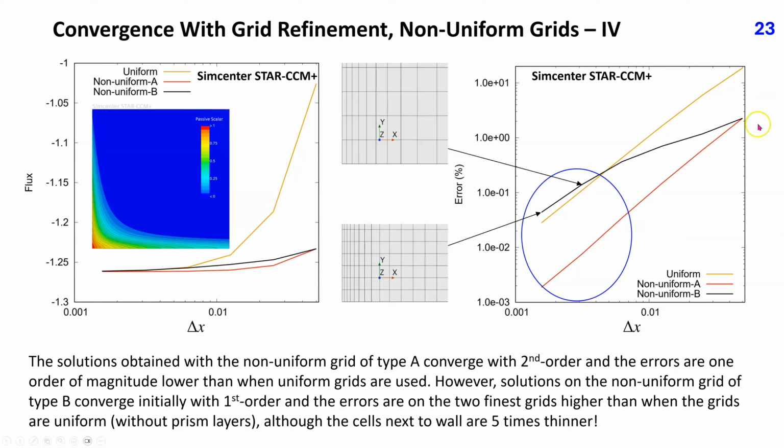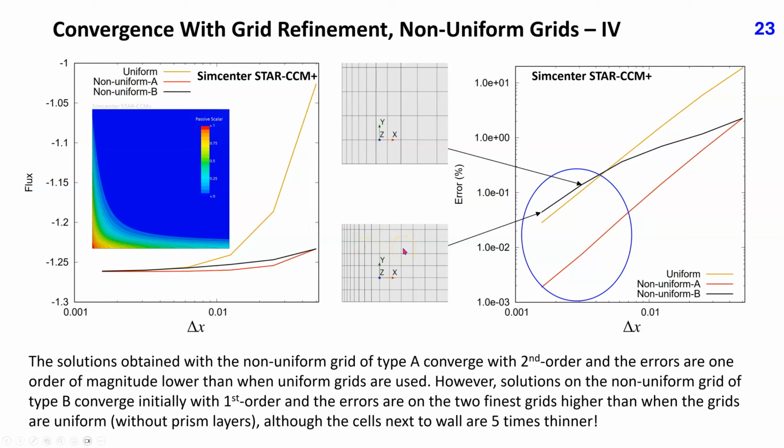First order convergence is observed for a while, and only on the finest two grids, shown in these plots here, the slope approaches 2, but the errors are larger than when the uniform grid is used. In the uniform grid, the cells are of the same size all the way to the boundary, while in grid type B, the grid is finer near boundary.